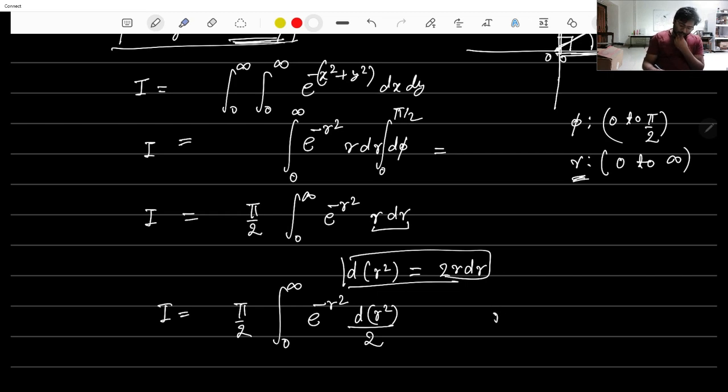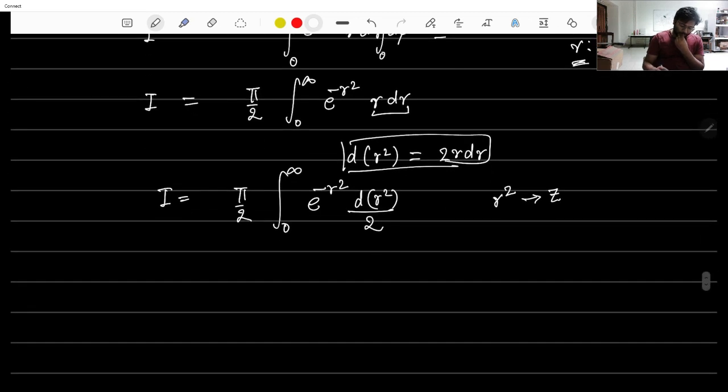Suppose you change the variable from r square to z. If you do so, this integration becomes pi by 4. You take this factor 2 outside, 0 to infinity e to the power minus z, and d(r square) equals dz. So you put here dz.